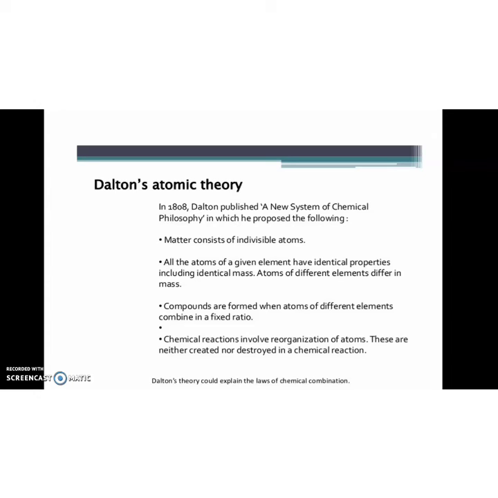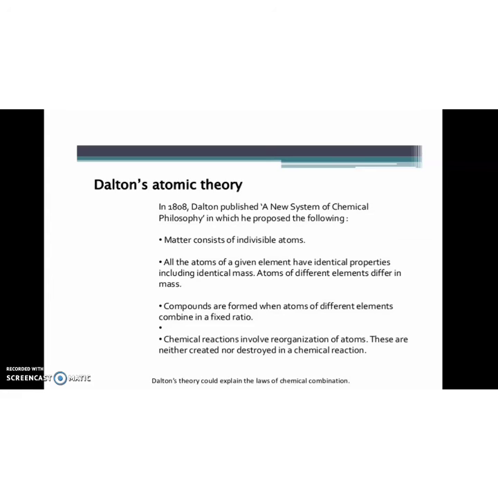So, the first postulate is that matter consists of indivisible particles, known as atoms. The second is that atoms of a given element are identical in properties, including identical mass, and atoms of different elements have different atomic masses. The third is that compounds are formed when atoms of different elements combine in a fixed ratio.